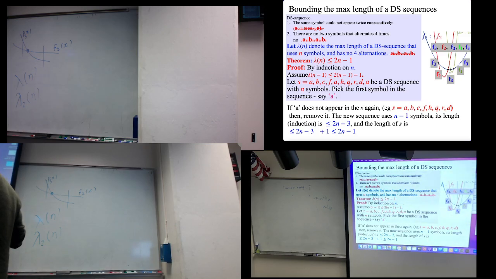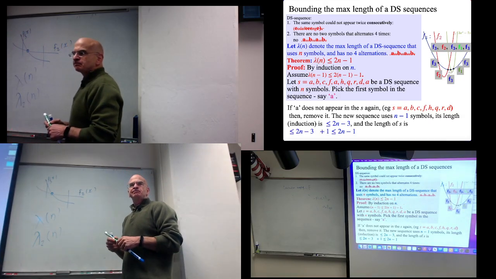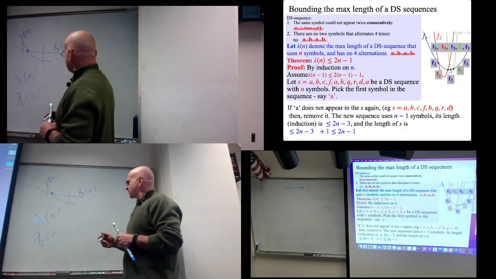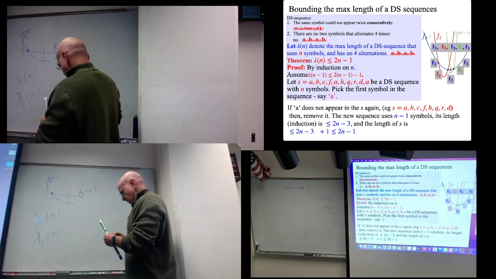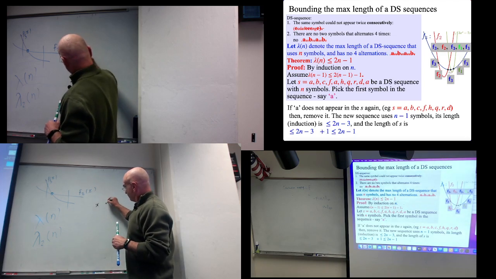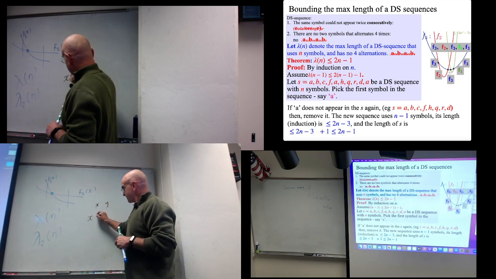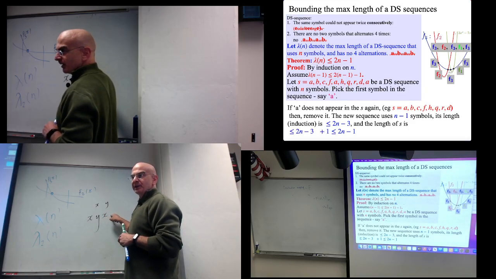Maybe I need to start with 2. If you have two symbols, what's the longest sequence that you can write? Just to see that we are on the same page, two symbols, x and y. I can write x, y, x again, and I cannot write y again.